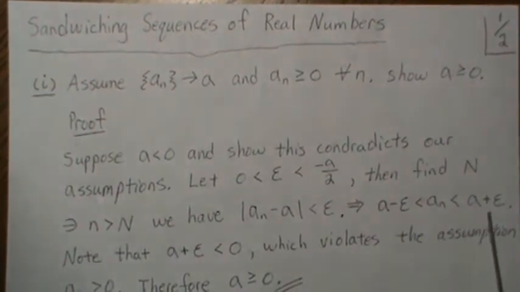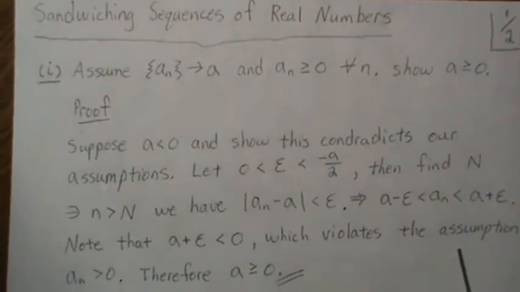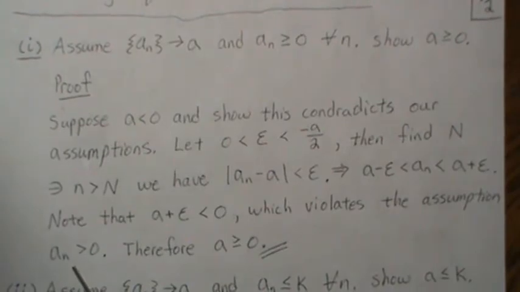But note here, A is a negative number, and we're adding a small positive number that's smaller than negative A. So this remains negative. So note that A plus epsilon is negative. But this violates our assumption that all our terms are positive.